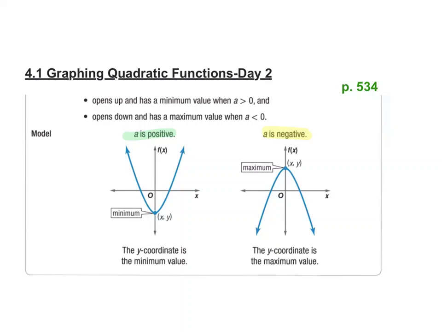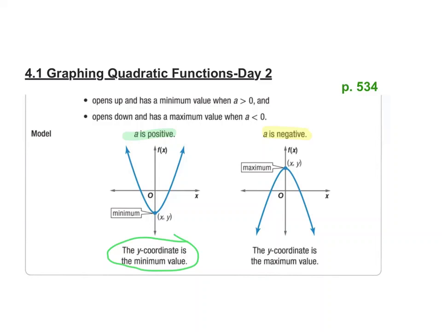Now, here's the thing that you need to keep in mind with respect to that. When a parabola opens up, the vertex will contain the minimum value. And so the y-coordinate of the vertex is going to be the minimum value for that quadratic. So when we're working on our homework today, you are still going to have to find the vertex.